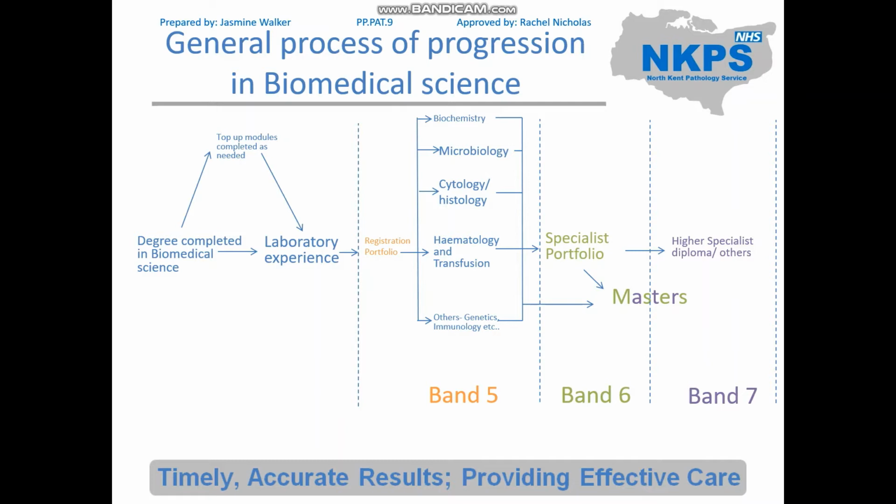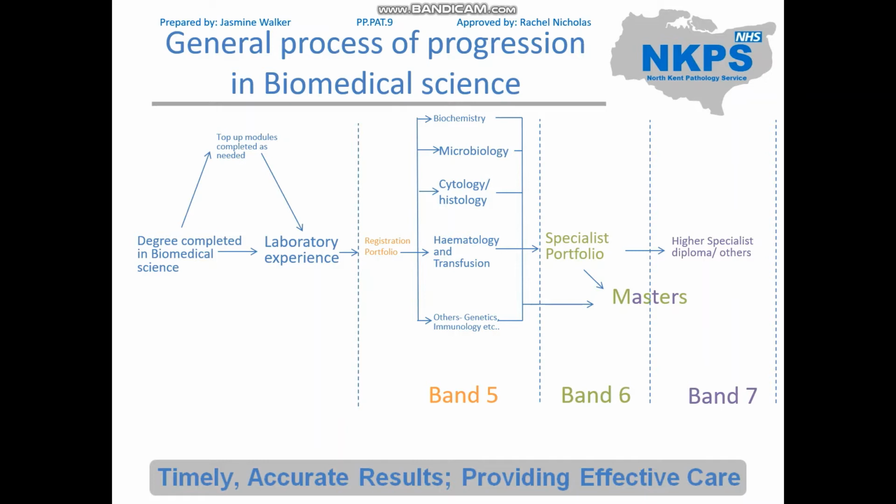So there are several different types here, and again they become even more specific than the specialist portfolio. So say for example, sticking with haematology and transfusion, I've done the haematology and transfusion specialist portfolio. When I'm doing the higher specialist, I would choose one of those 2 to specialise in, or I would choose quality, or I would choose training, depending on the job role that I want.